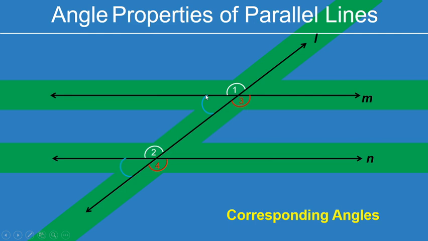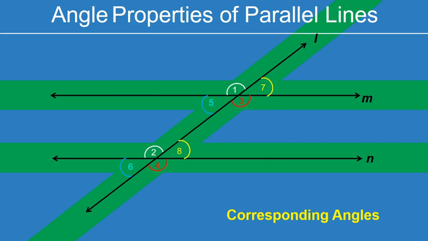Again, same concept: one interior, one exterior, on the same side of the transversal line. So these are corresponding. Now, these two are also one exterior and one interior, on the same side of the transversal line, so these are also corresponding angles.